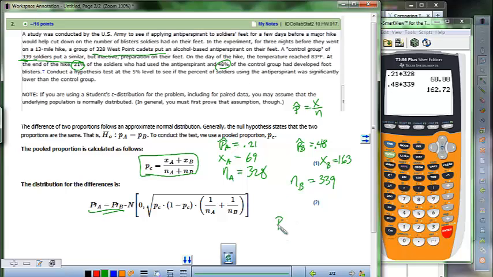So to get our PC, our pooled proportion, we need to add up the 69 plus 163 and divide that by 328 plus 339.